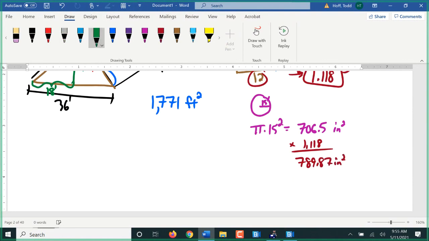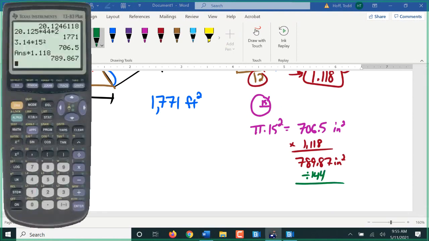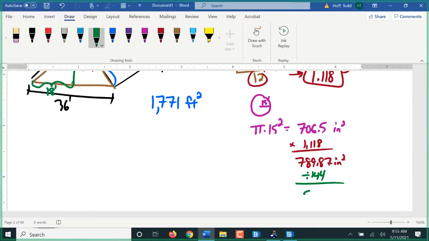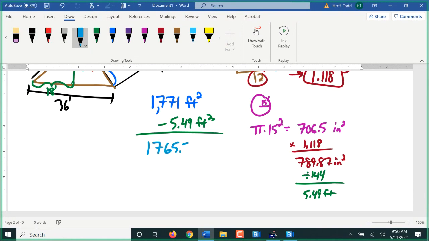Now we have to turn that back into square feet by dividing by 144, giving us 5.49 square feet. So we subtract that 5.49 square feet from our total roof area, giving us 1,765.51 square feet of roof area.